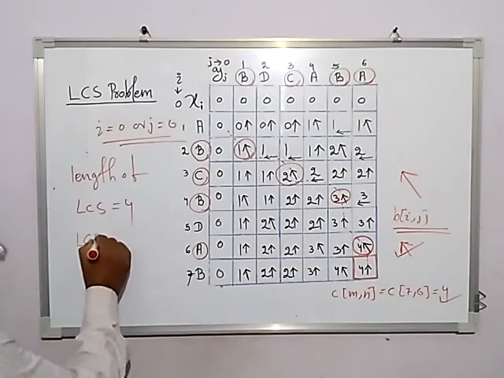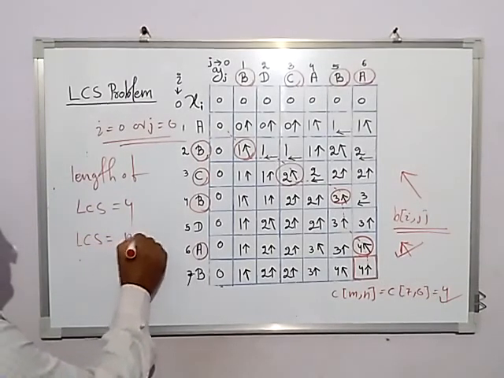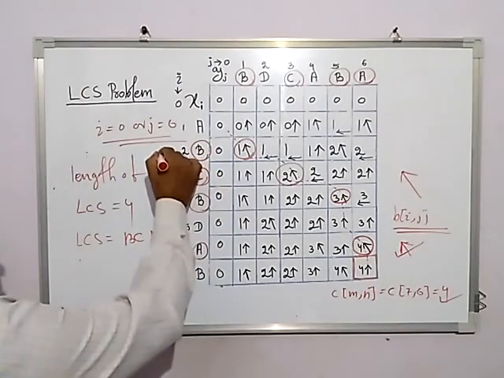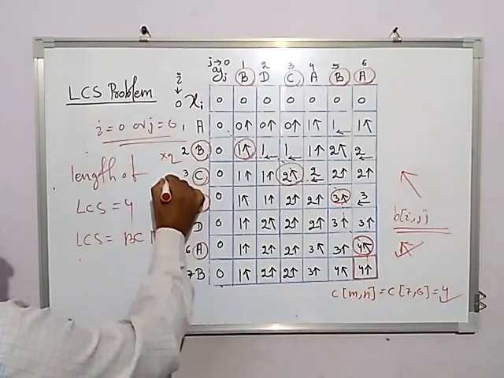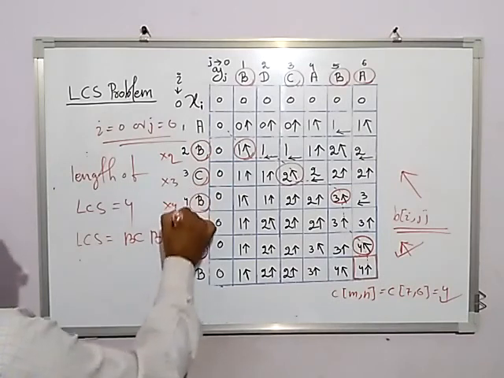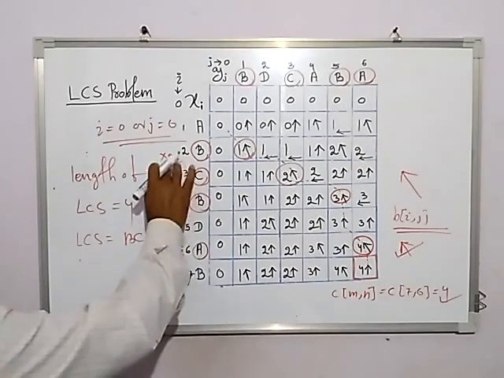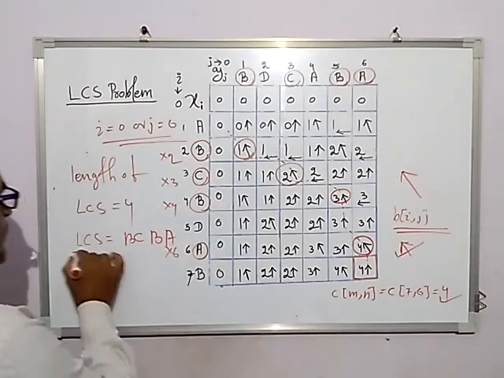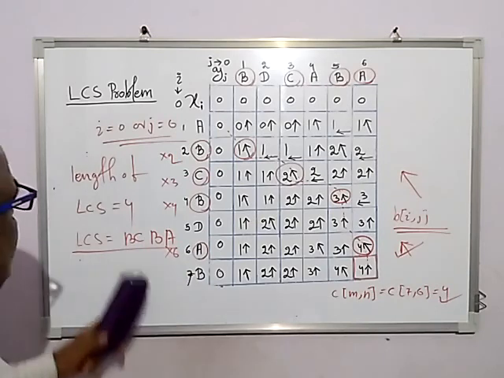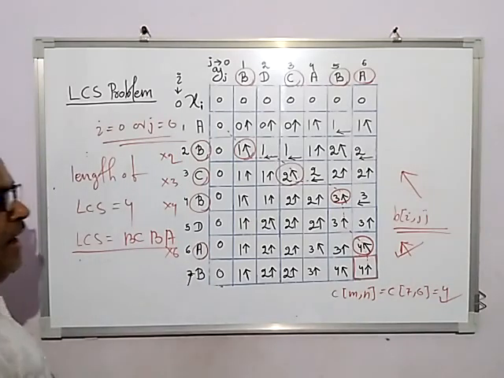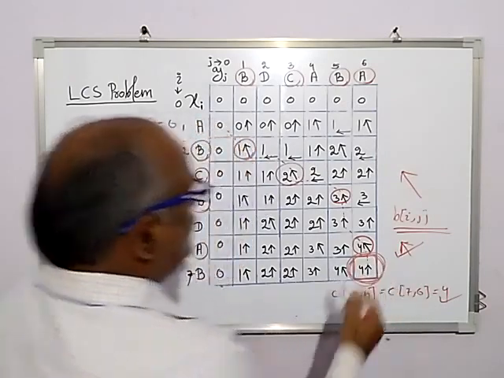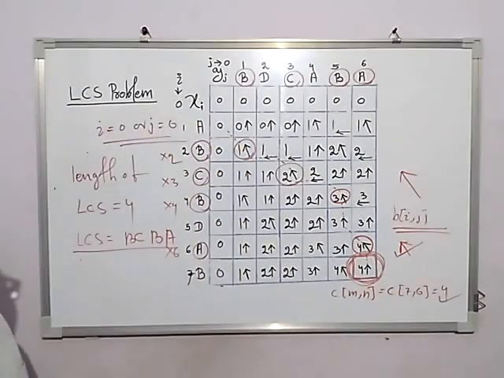LCS equal to B C B A. B C B A means that is x2, x3, x4 and x6. x2 equal to B, x3 equal to C, x4 equal to B. That means BCBA is the longest common subsequence, and the length of the longest common subsequence is 4. So this is the problem regarding LCS.